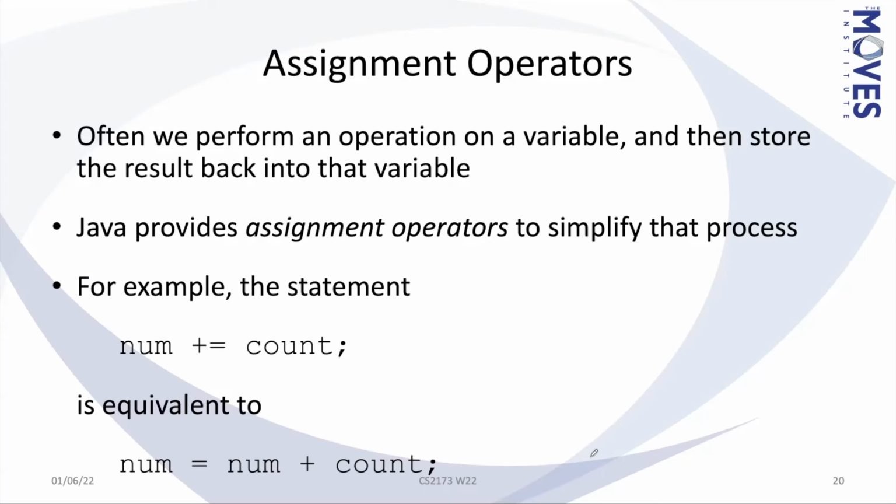Now, just because these things come up, we can combine operators and assignment. Because a statement like this appears frequently, they decided that it would be useful to combine them into this.